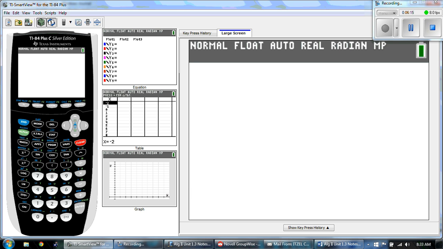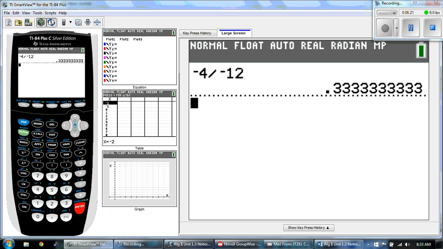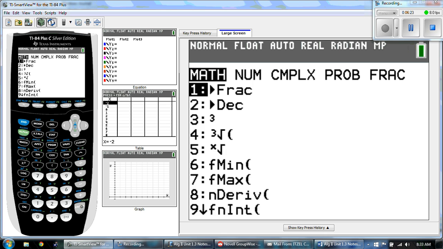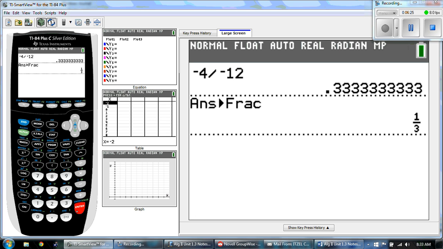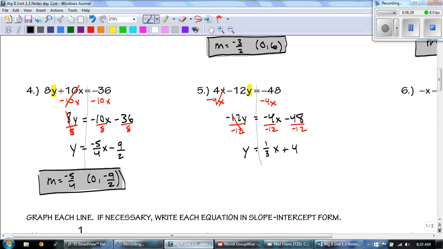So remember that that is a negative 4. You're dividing it by negative 12, okay? And you want the fraction. So I hit math, enter, enter to get 1/3. Okay? So that means my slope is 1/3, and then my y-intercept is (0, 4).